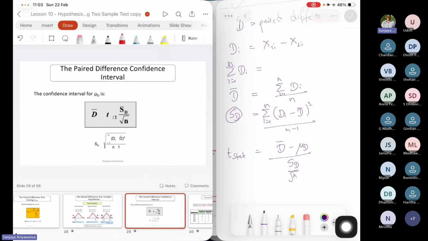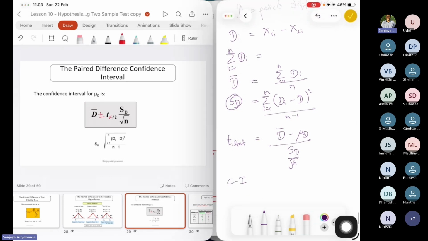The confidence interval is for mu d, the mean paired difference, which is the point estimate D bar plus or minus t alpha over 2, because we don't know the population standard deviation, times SD over square root of n.